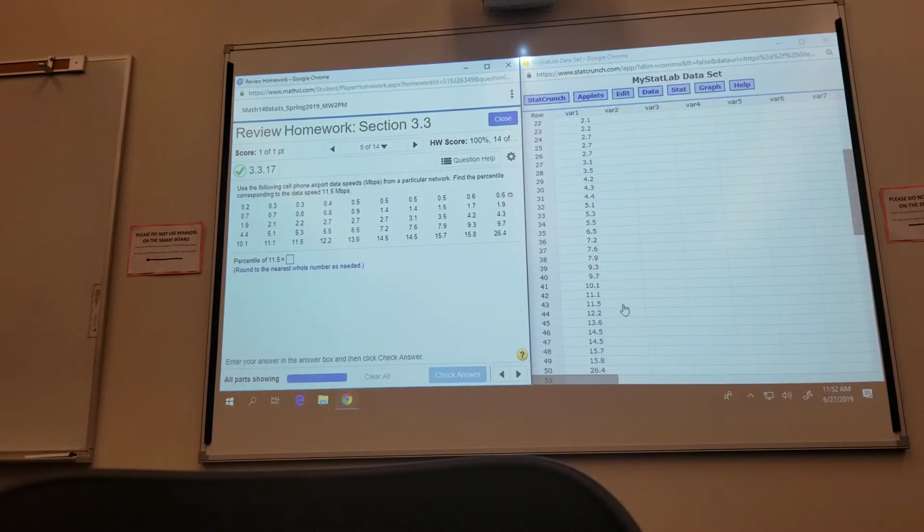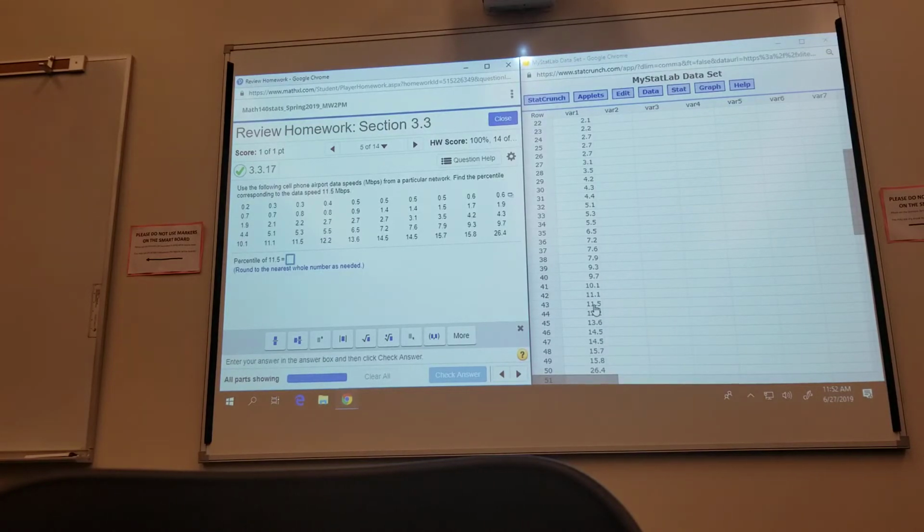So we got 43. Is that our answer? No. So 43, we gotta do 43 over 100 and then times. Are you sure 43? The notes here say that it's all of the values before the number you're looking at.